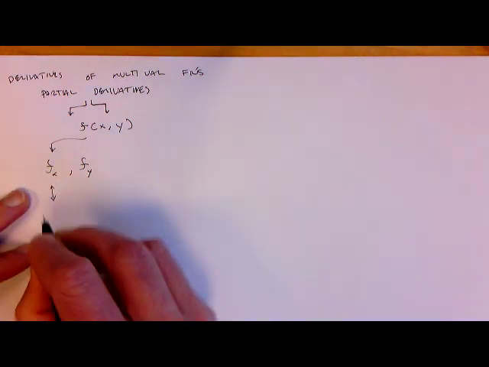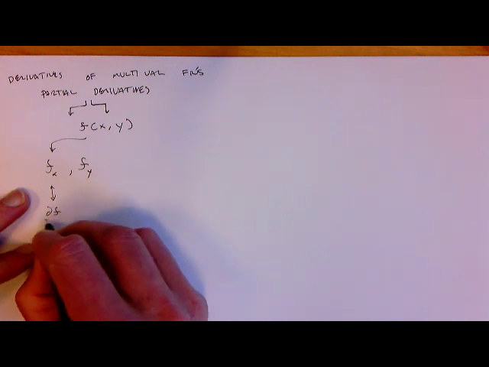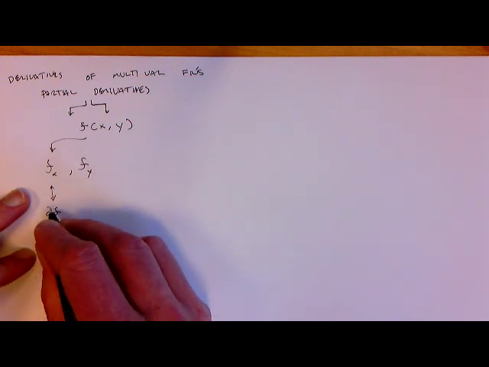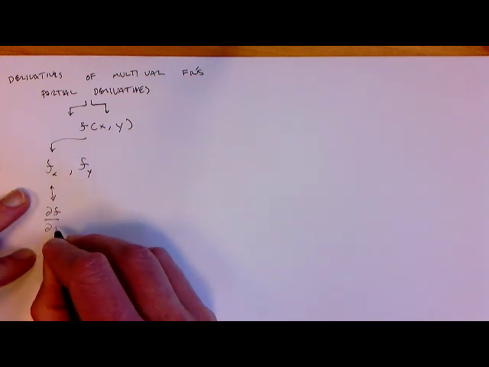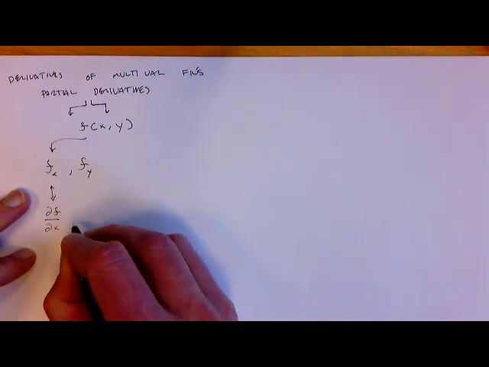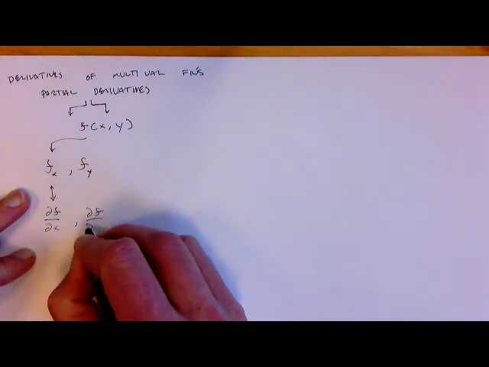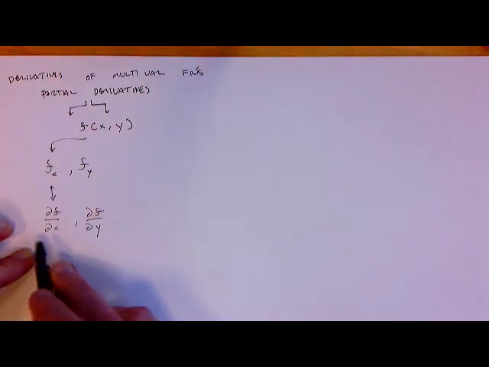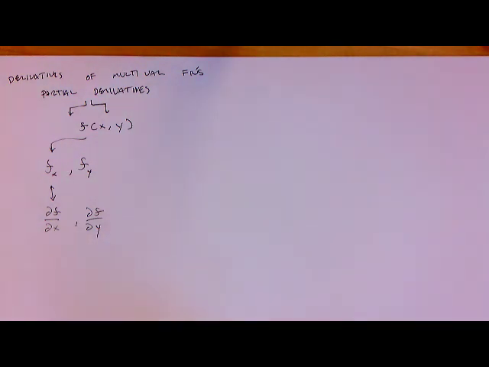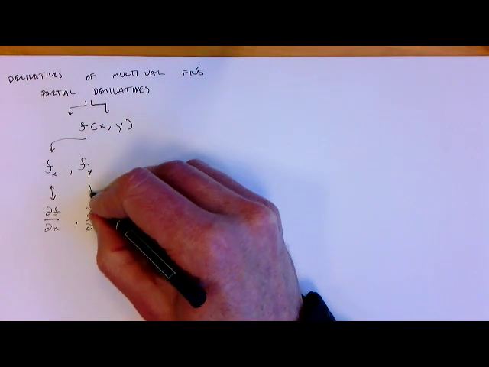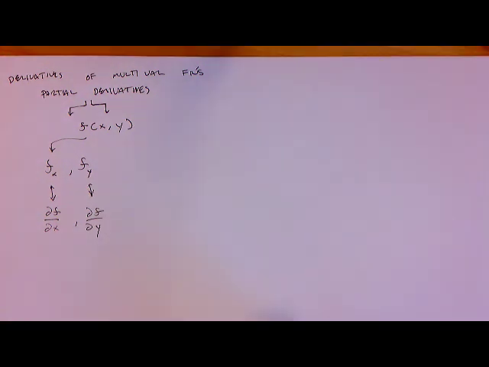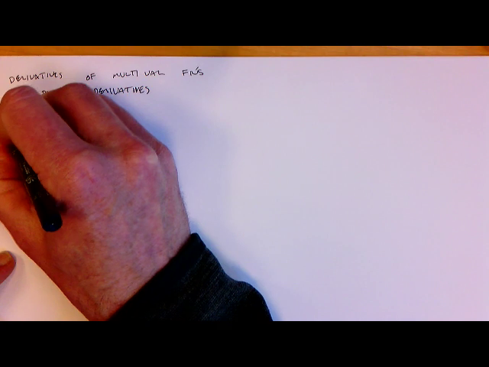Or I might also denote the partial derivative with respect to x by writing delta f over delta x and delta f over delta y, where these are lowercase Greek deltas. So notationally, those are the two common notations you'll see for partial derivatives. So that's part one, notation.